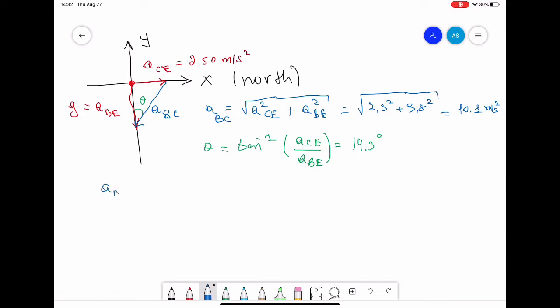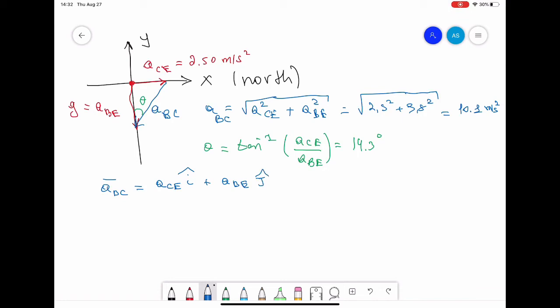We can also represent this acceleration of the bolt relative to the car in terms of a_CE i vector plus a_BE j vector.